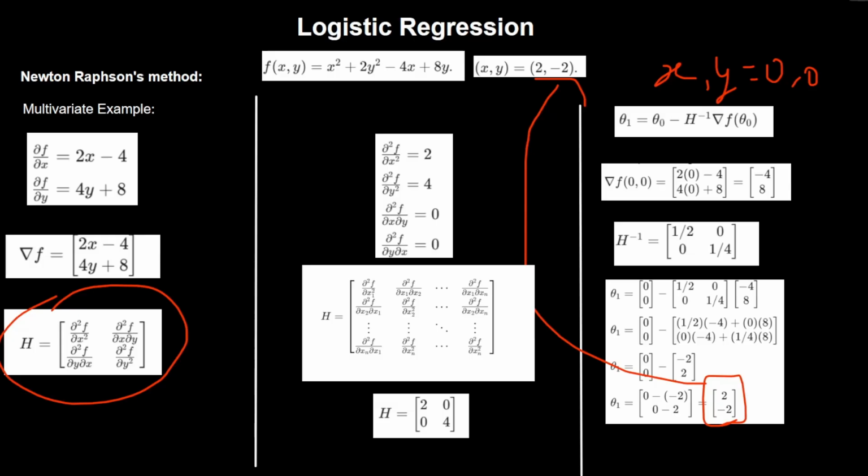Using this information it can directly jump to the bottom of the bowl. Bowl in the sense that because we have two variables, the optimization function is a bowl instead of a curve, so we can directly jump using this information.